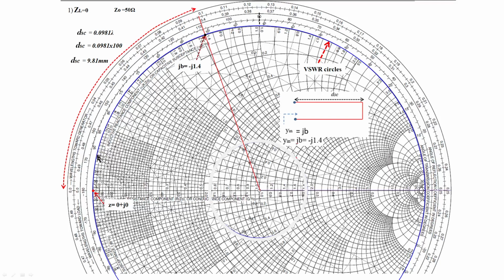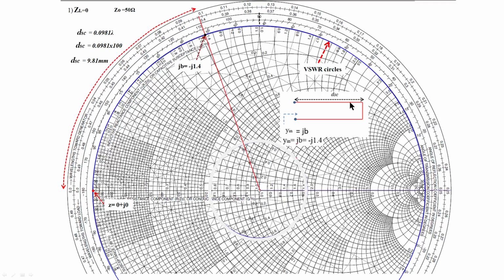Draw the VSWR circle. This is a VSWR circle, the blue colored one. This is a load point. From the load point you move towards the generator, and you should move over the VSWR circle.